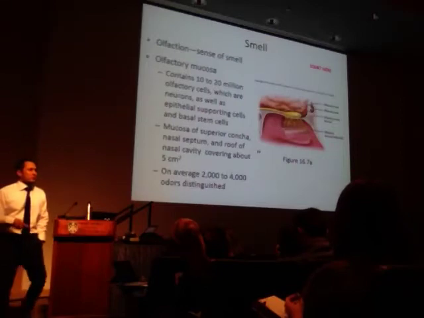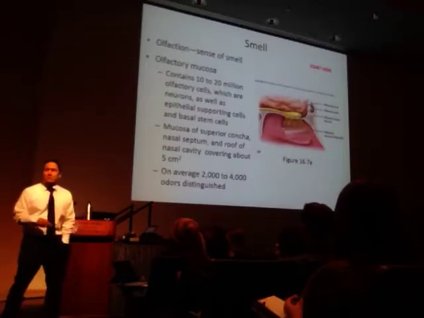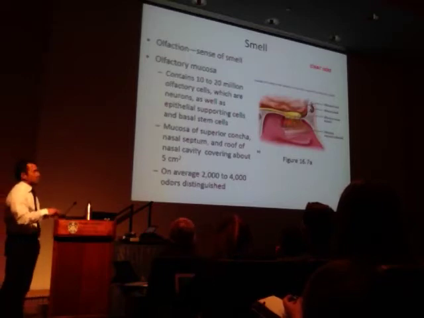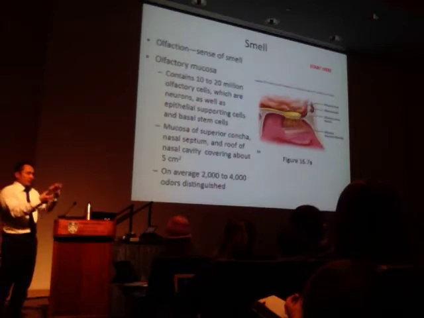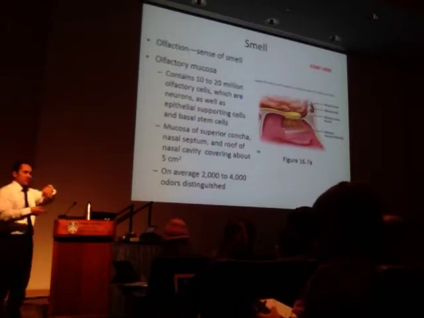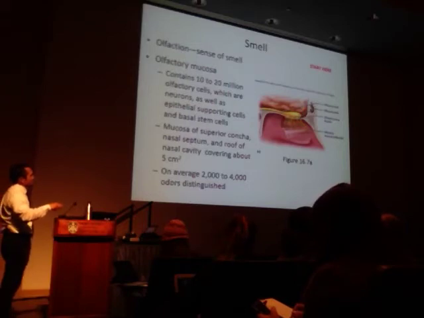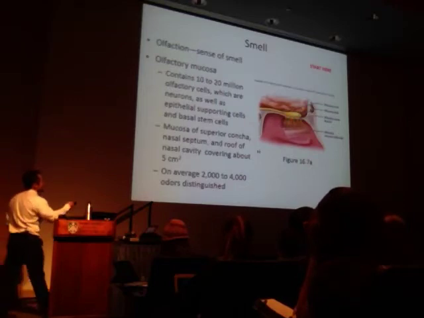You guys remember those holes? What's that? Foramen? That's a good guess. It was called a cribriform plate. You guys remember that? And that actually is a part of the ethmoid bone that has all of these. It looks like a colander. And the reason for that is for these olfactory nerve branches to be able to dive down.